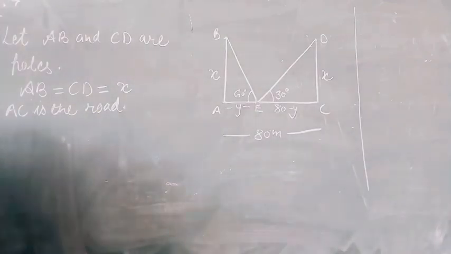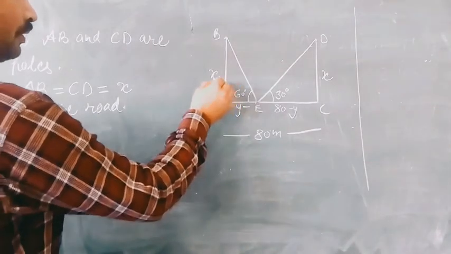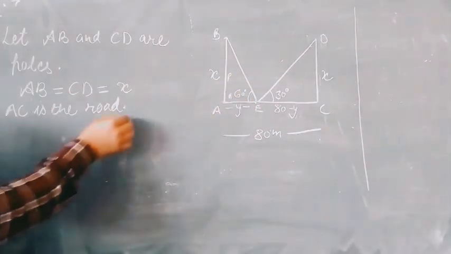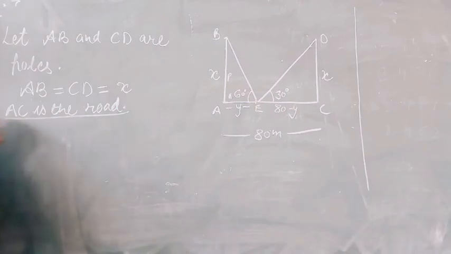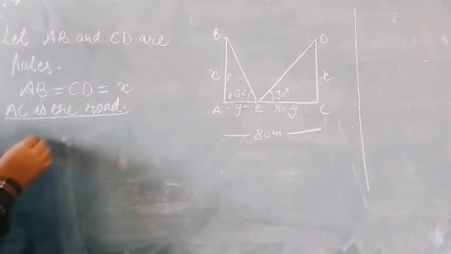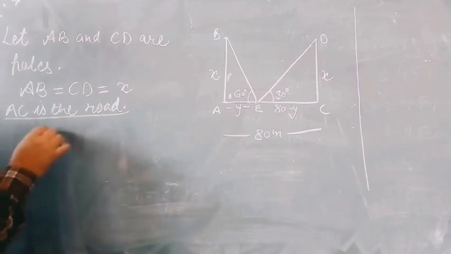Now first of all, from triangle ABE, we know that our given parts are perpendicular and base. So we have to find out their ratio.